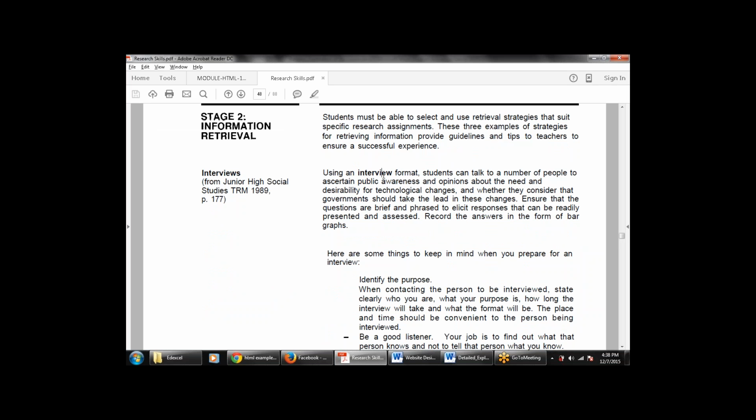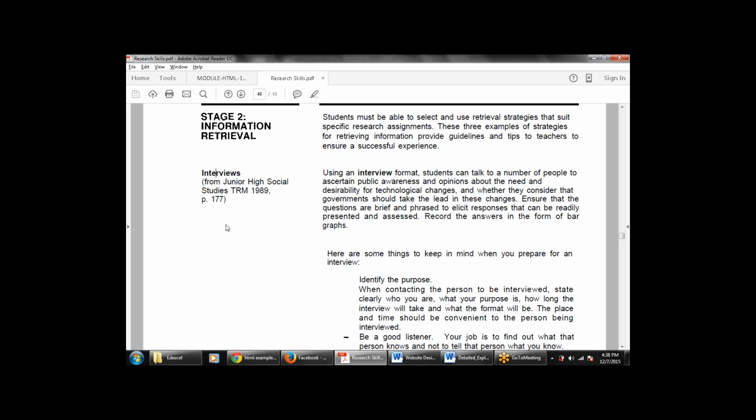So first of all, the first strategy used for information retrieval, a practical approach, is the interview. That is one of the basic approaches that is followed. The student interviews others and retrieves information by getting interviews of people.